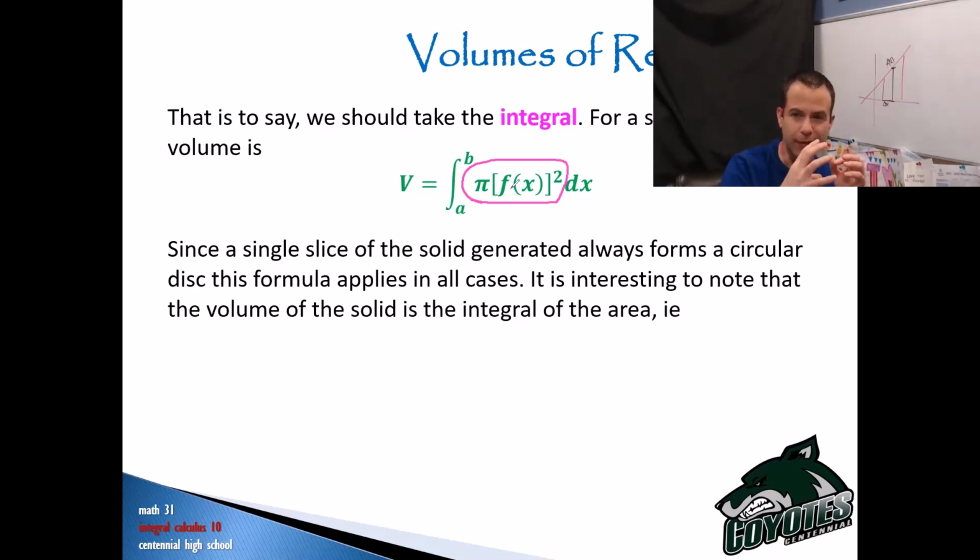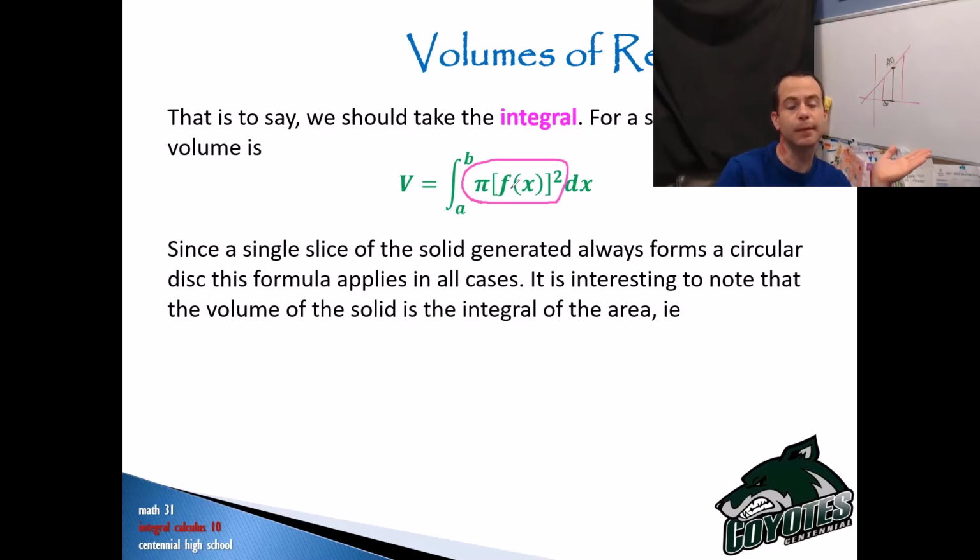I'm trying to think about that space underneath, okay? I'm just trying to think through that space underneath to get you to feel comfortable with why we're integrating the area of the circle. The integration of the area of the circle gives me the volume of the cylinder, okay? So since a single slice of the solid generated always forms a circular disk, this formula applies in all cases, okay?